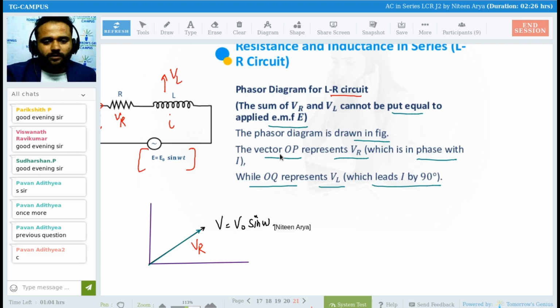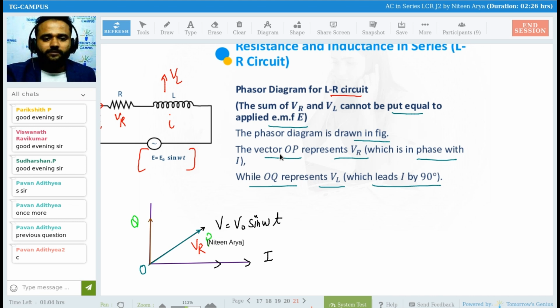Suppose at this particular axis my current is going to be I. So where can I find the voltage at the inductor? Clear, everyone? This one is OQ. This is your O, this is Q, and this is OP.